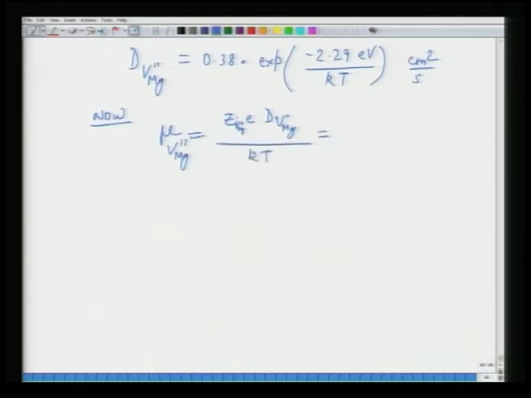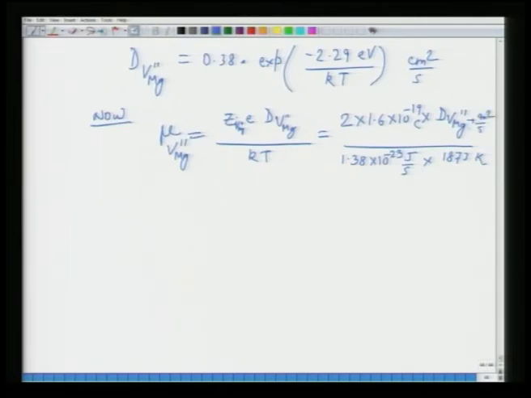For VMg, Z is equal to 2, so this is 2 into 1.6 into 10 to the power minus 19 Coulomb into D_VMg divided by 1.38 into 10 to the power minus 23 joule per kelvin into 1873 kelvin. If you now put in the value of temperature and work it out, this comes out to be 3.3 into 10 to the power minus 6 centimeter square per volt second.